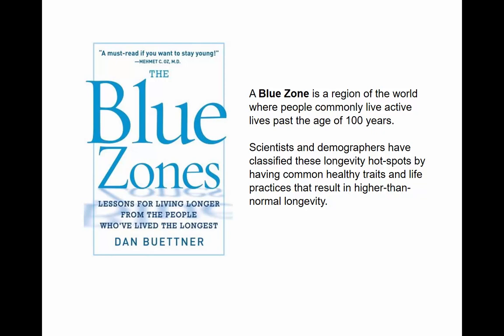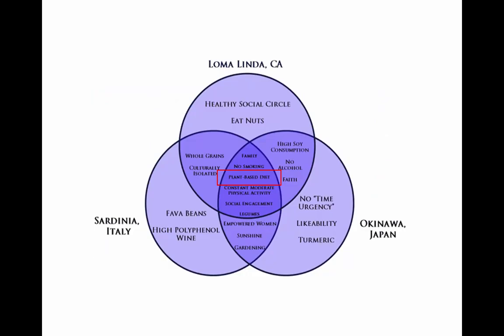Yeah, so the next slide actually shows three regions in the world, like one in the United States, Loma Linda in California, another one in Japan, and then one in Italy, right? So in three regions of the world, people can easily live longer than 100 years, right?